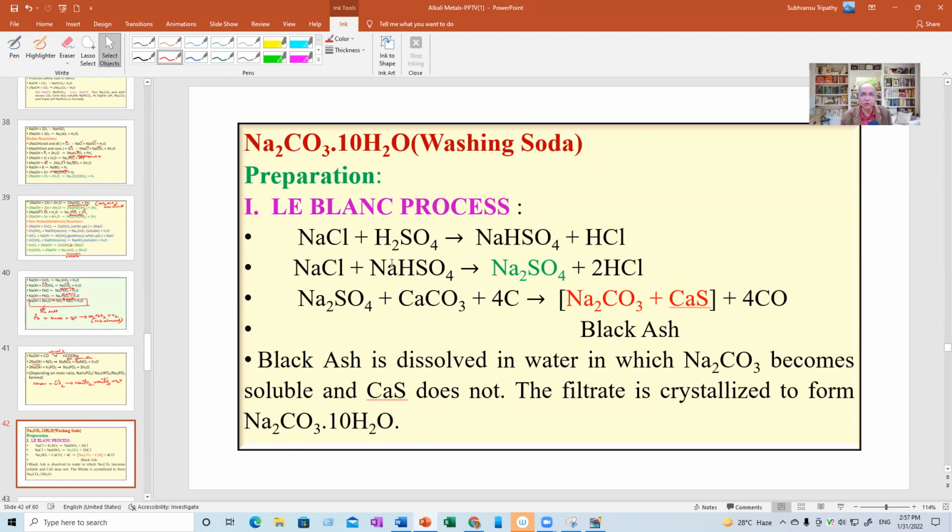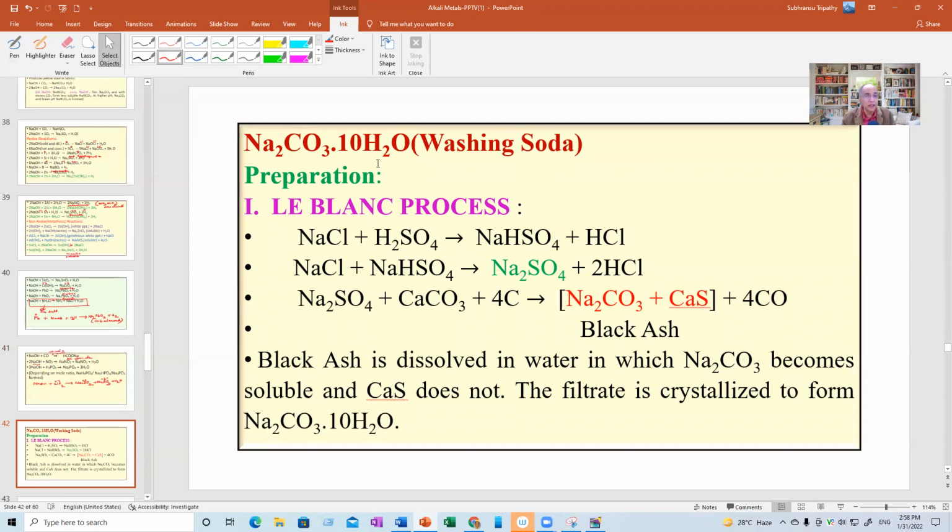As you go down the group, the basicity will increase. As the ionic character will increase, the metallic character will increase, and then there will be more and more solubility, and hence the OH minus ion concentration will be more, and hence the base strength will be more. But all of them are strong bases. Out of them, lithium hydroxide is least basic.